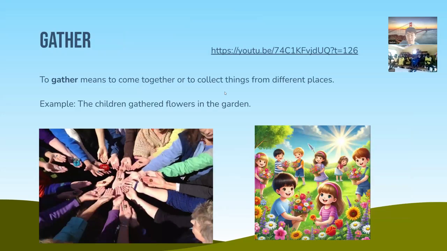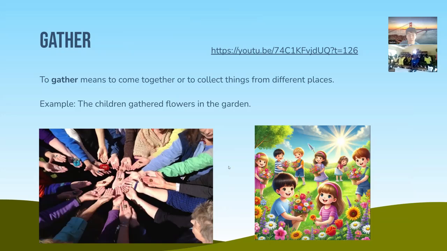The next word is gather. To gather means to come together or to collect things from different places. So, for example, the children gathered flowers in the garden. This is in the picture right here.